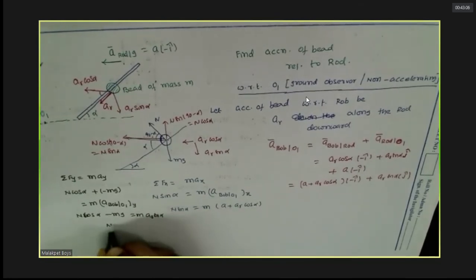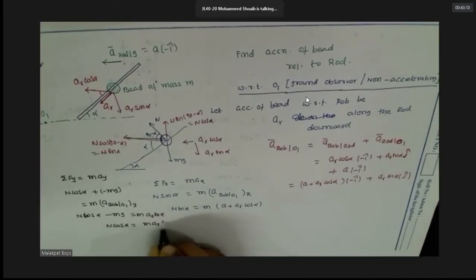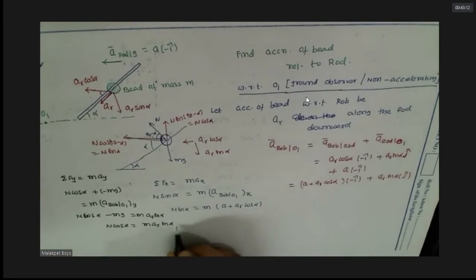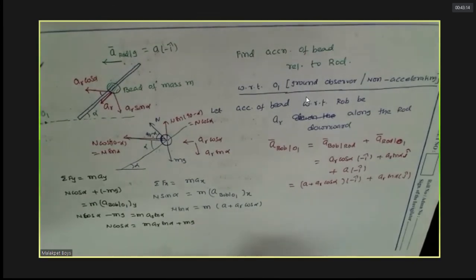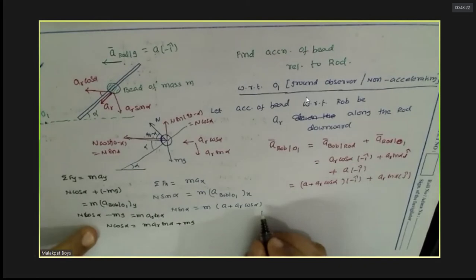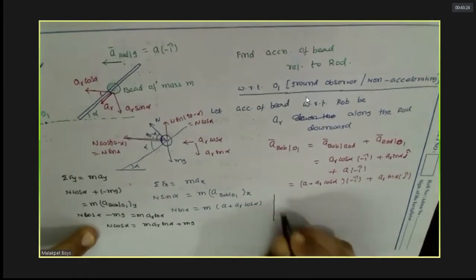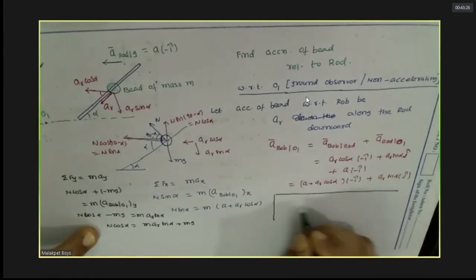Agreed. So what is N cos alpha? Finally you got m into G plus AR sin alpha. Do you agree till here? Is it clear? Now you can see you are having two equations. What are those?